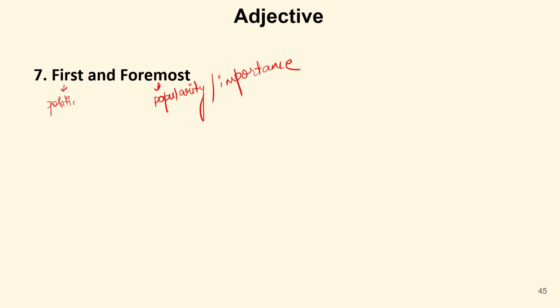For example, he came first in his class. The first Prime Minister of India is Honorable Sri Jawaharlal Nehru ji. So he was the first Prime Minister. But the foremost Prime Minister of India is Honorable Sri Narendra Modi ji. Suppose I say this was the first exam, that was the first exam that I took.